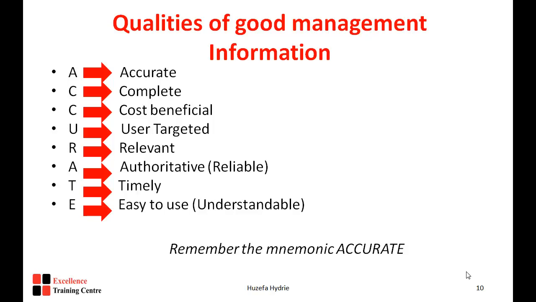Relevant. The information that you are providing has to be relevant to the person who is getting the information. The same example: the financial accountant should not get the management accounting information and the management accountant should not get the financial accounting information. Authoritative, or you can say reliable. The source from where the information is coming has to be reliable.